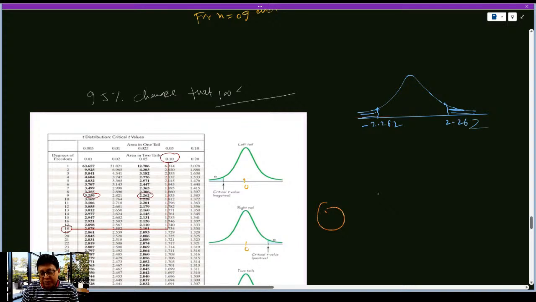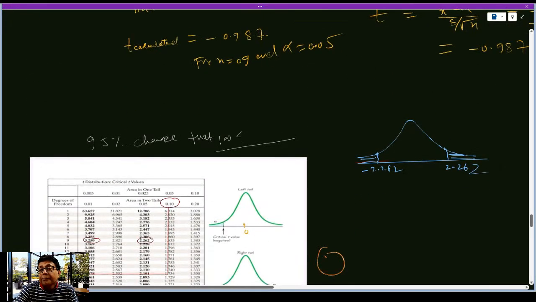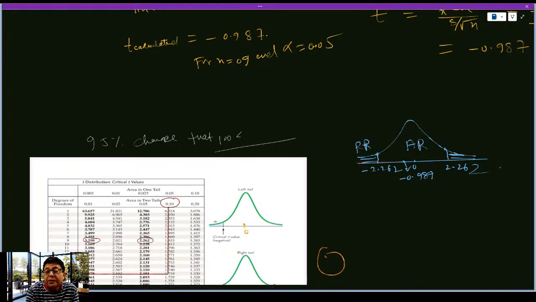Now what t value did you get calculated? Minus 0.987, somewhere like this. This is the origin. This is called the accepted region and this is the rejected region.